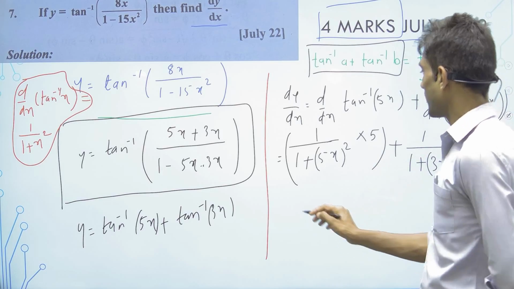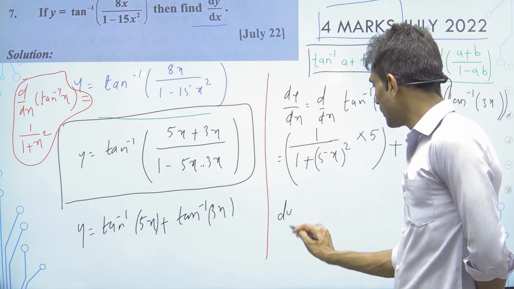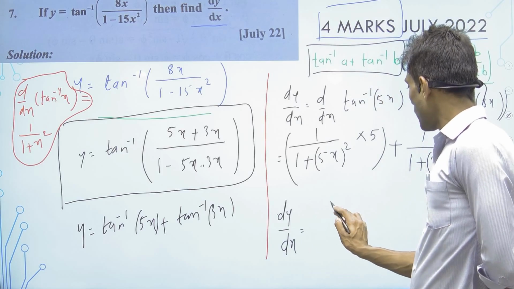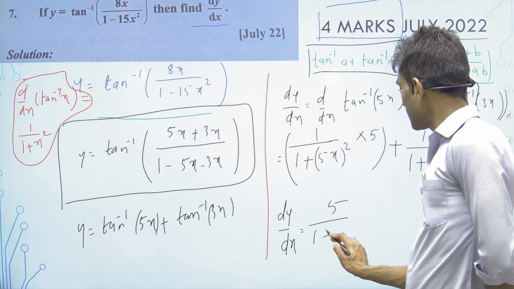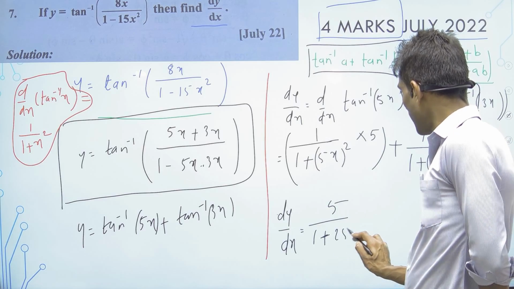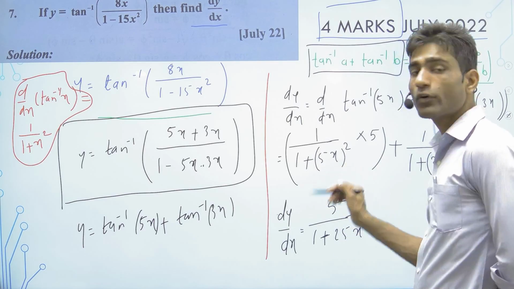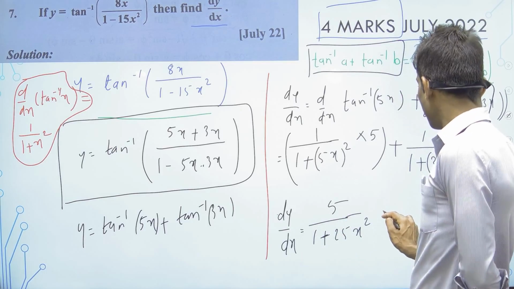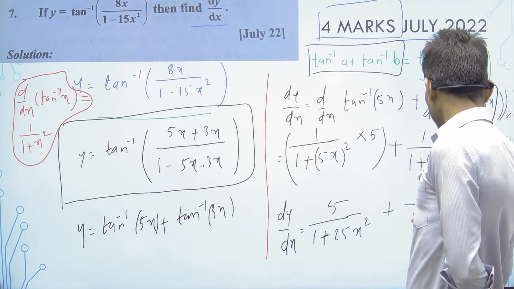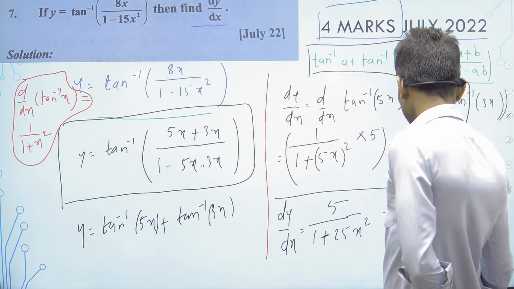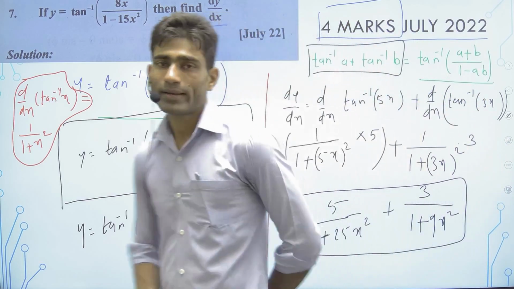Now the final term: dy by dx is equal to 5 upon 1 plus 25x square, since 5 fives are 25, plus 3 upon 1 plus 9x square. So this is our required answer for the given question.